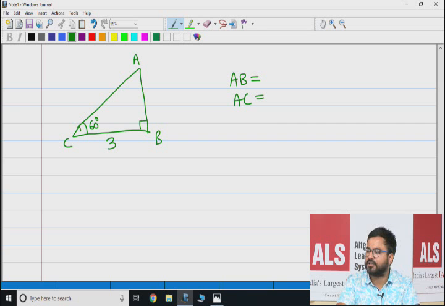Just use any of the trigonometric ratios, whatever you think will be beneficial for you.